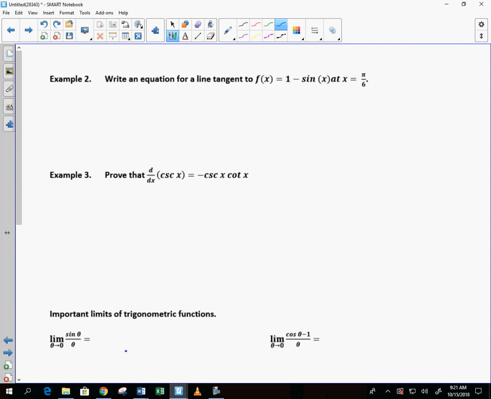What two things do I need to write an equation for a line? What is my x value for the point on the line? Great. How do I find the y value? Plug it in. What's the sine of pi over 6? 1/2. Very good. And 1 minus a half is 1/2. So let's just review how you know that that's 1/2 real quick here.